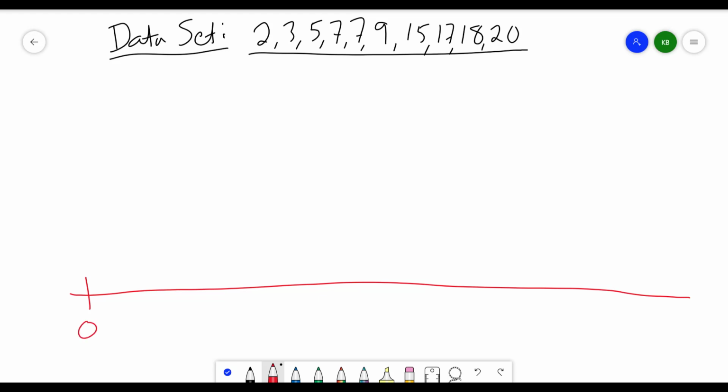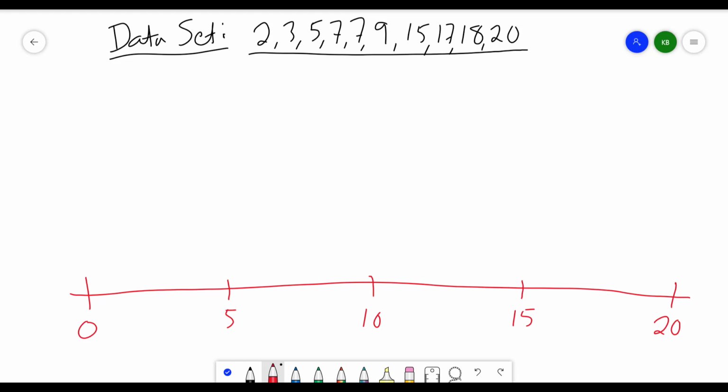So I'm going to start at 0 and get up to 20. Ideally, you're using a ruler and marking these off actually measured out in a super careful way.